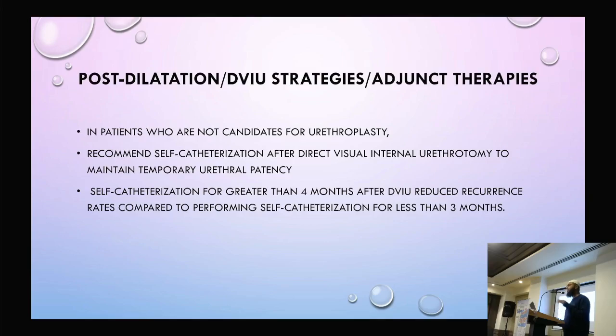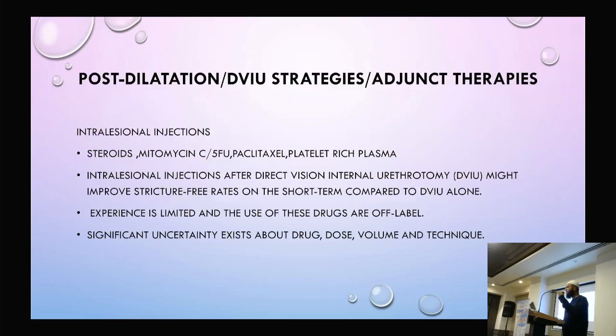It has been shown that if the patient is advised at least 4 months of a weekly or bi-weekly regimen, there is a better patency rate. We can use steroids, mitomycin C, paclitaxel, platelet-rich plasma. The role of steroids is particularly useful in inflammatory strictures due to lichen sclerosus.